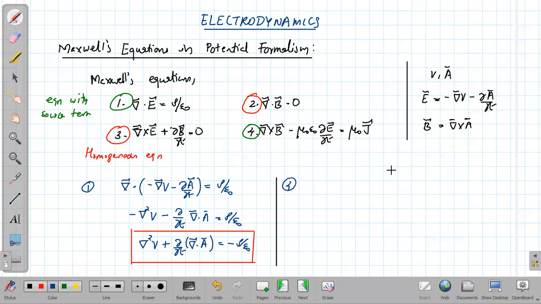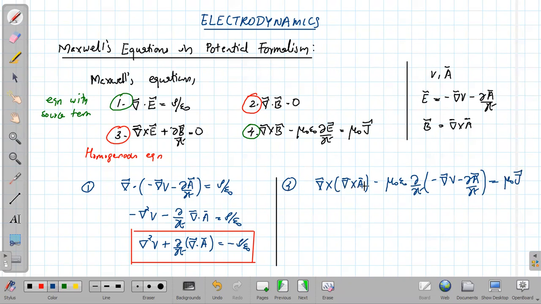So del cross B, we can write del cross del cross A, minus mu 0 epsilon 0 dou by dou t of minus del V minus dou A by dou t, equal to mu 0 J.